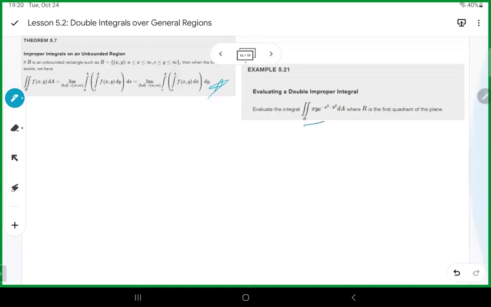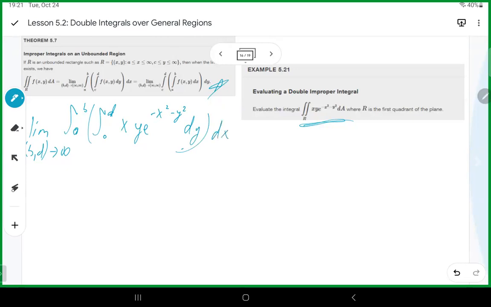So we have this part, which we then say is the limit as B, D go to infinity, integral from 0 to B and then 0 to D of xy e to the negative x squared minus y squared, dy on the inside, dx on the outside.